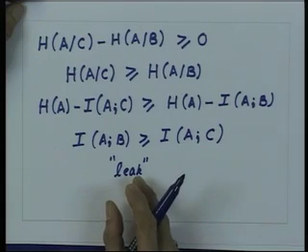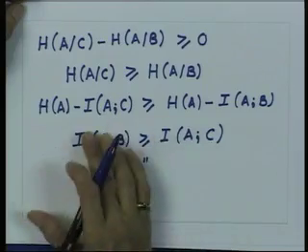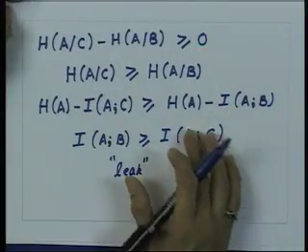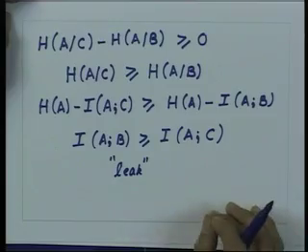What it implies is that the information that finally comes out of cascaded channels can be no greater than the information which would emerge from an intermediate point in the cascade if we could tap such a point.